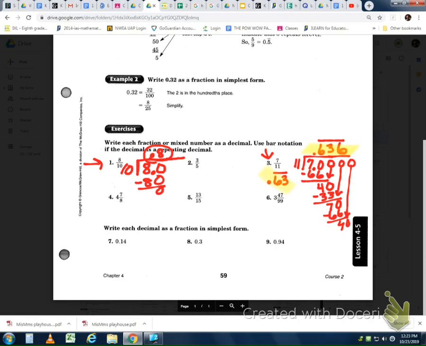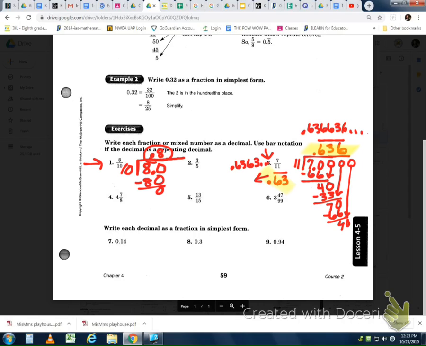It's 100, but if we wrote that top one out there, what's it going to look like? Point what? 636, 636, 636, and so on, right? Yep. But this one, what's it going to look like? 63, 63, 63, 63.